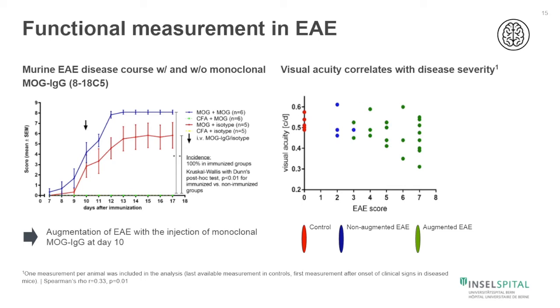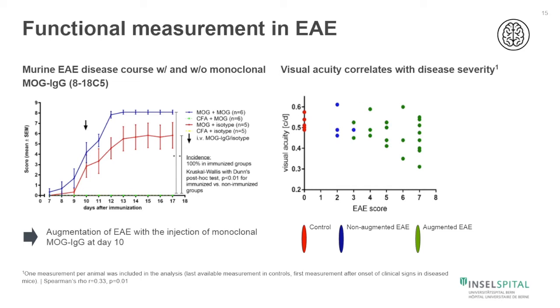And this is directly correlated with the visual acuity, as you can see at the right graph, where the control animals have a visual acuity of approximately 0.5, which is severity grade 0.